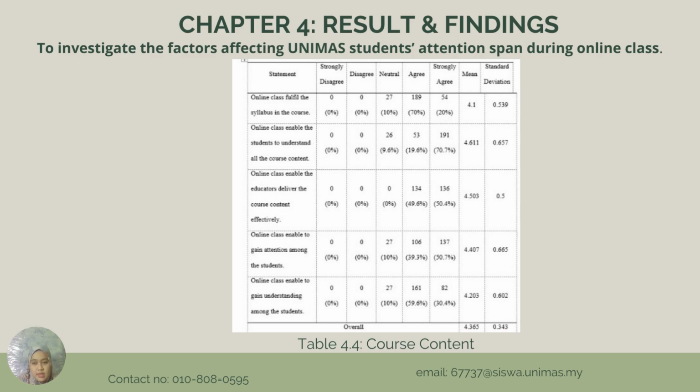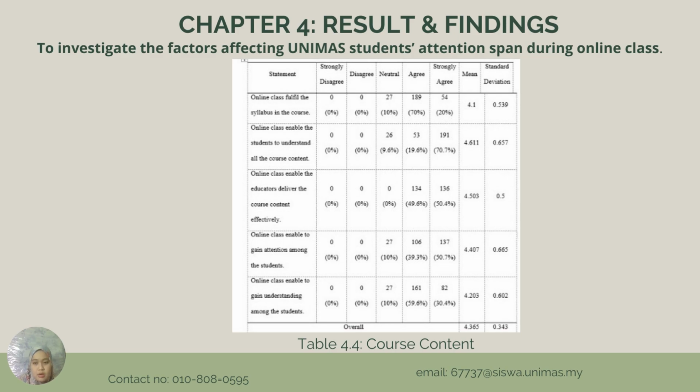The descriptive statistics of 5 items of course content are listed in Table 4.4. These findings show the majority of the respondents strongly agree that online class enables the student to understand all the course content, 70.7%.